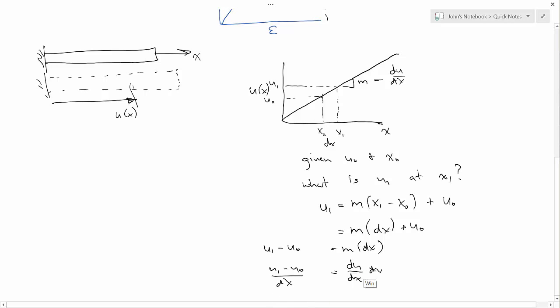Well, this is in fact what we call mathematically strain. It's the change in displacement over dx, where technically this change in displacement is infinitely small because dx is infinitely small. So this is our 1D mathematical definition of strain.